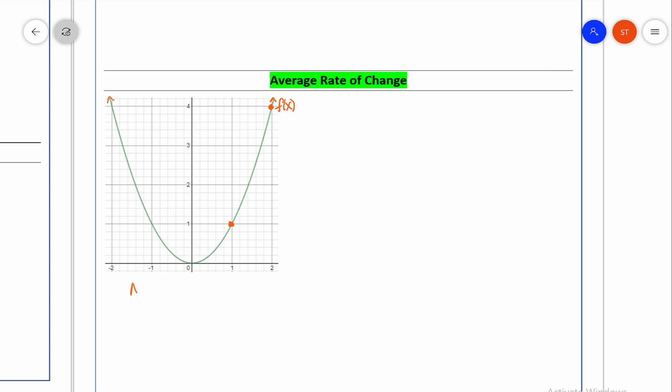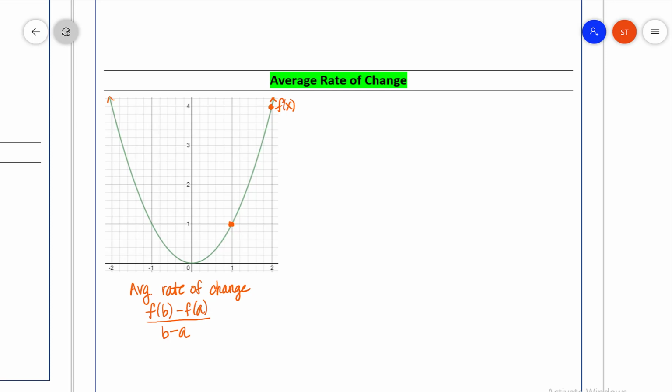The average rate of change, we can think of the slope formula. And remember, the formula for average rate of change is f of b minus f of a over b minus a. That means the same thing as y sub 2 minus y sub 1 over x sub 2 minus x sub 1.